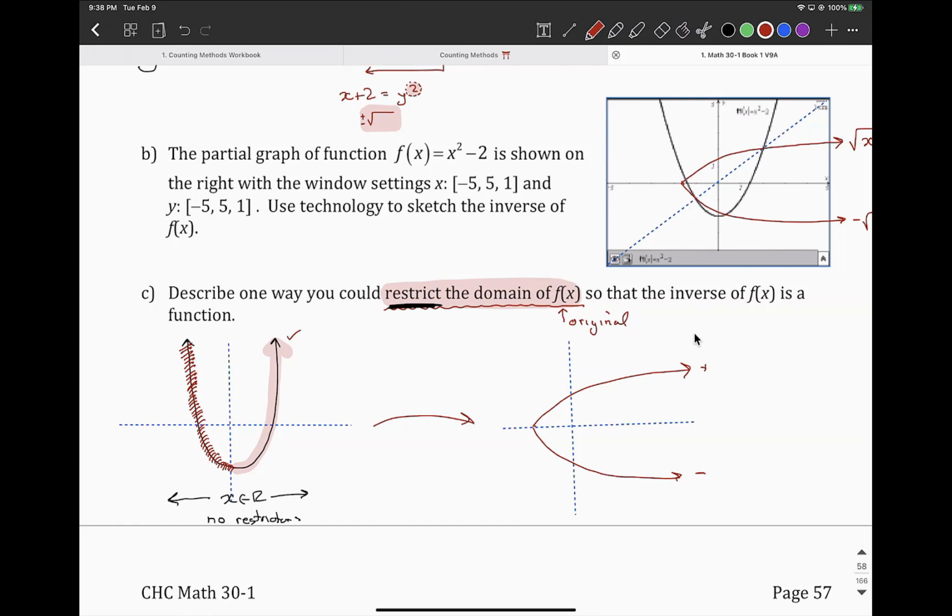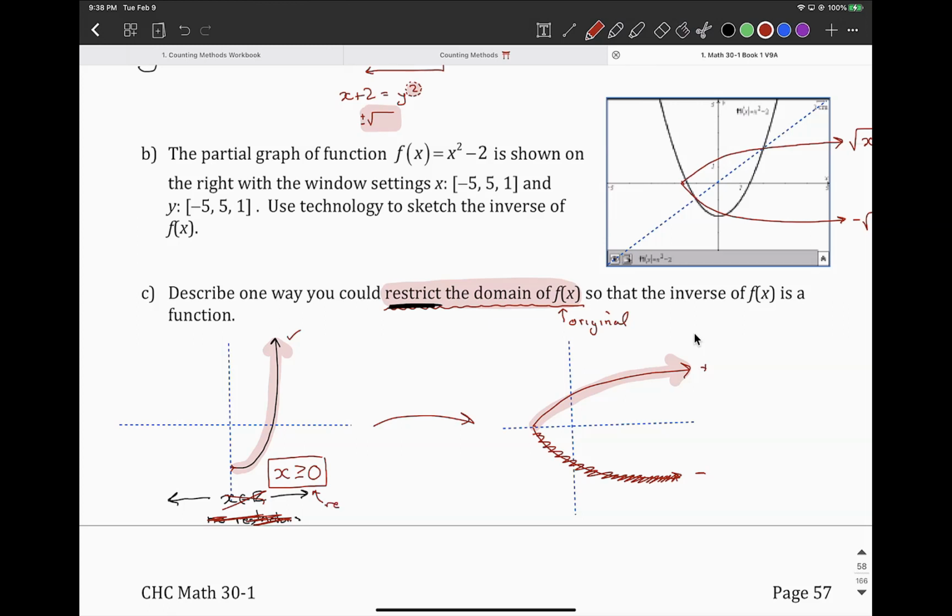Because if I somehow cancel that left piece, what I'm effectively doing is canceling the bottom of the reflection and only keeping the top half if I'm keeping the right half. And then everything would check out. So in order to get rid of this piece, I have to modify this domain. I have to put a restriction. A statement would be to say the new domain: I want to keep only the positive side, only when x is greater than or equal to 0.